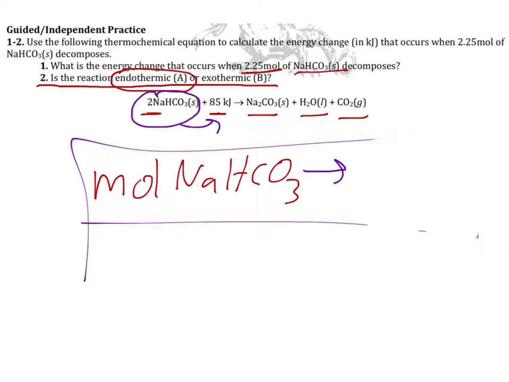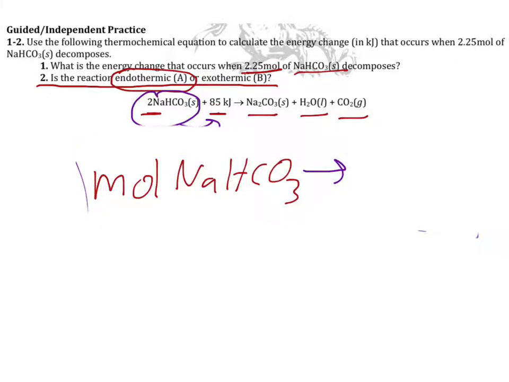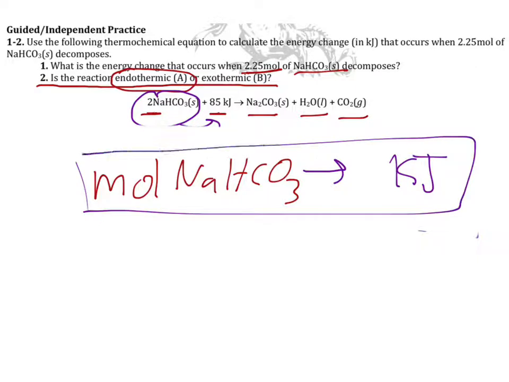We can go from moles of one substance to kilojoules required for this to occur. And so this is the new part that we're going to do. Again, once we know moles of any substance, we can convert it to kilojoules, either absorbed or released, based off of what quantity we have of that substance.